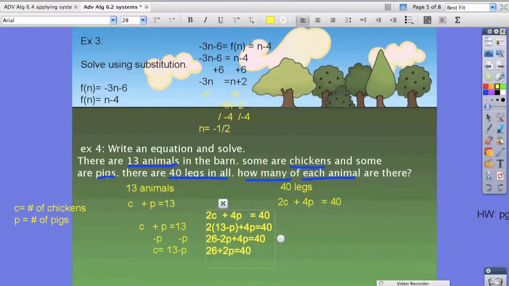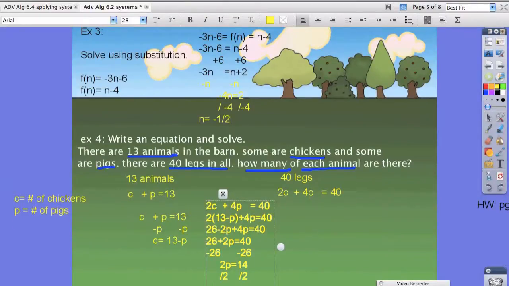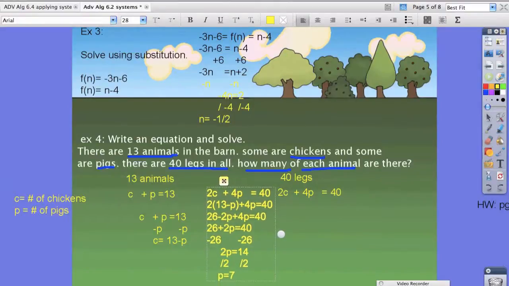We're going to subtract 26 from both sides. We're left with 2p equals 14. Divide by 2. p equals 7. So now we know we have 7 pigs.